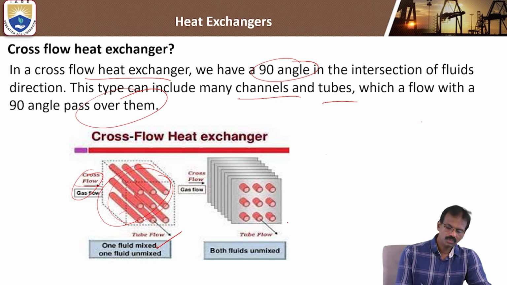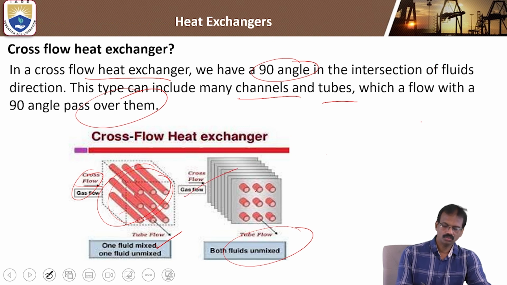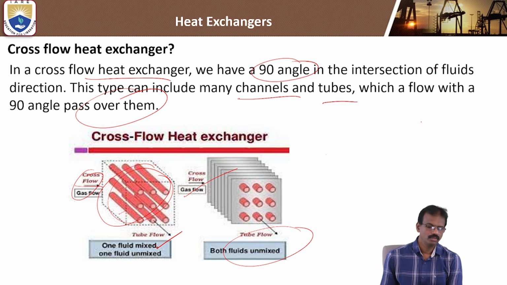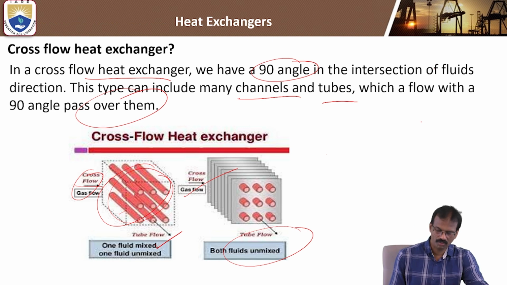Here both the fluids are unmixed, so there are different cells. Through those cells, gas will flow, and through these pipes, another fluid will flow. So there are many kinds of cross flow heat exchangers: both fluids mixed, one mixed and one unmixed, and both unmixed.